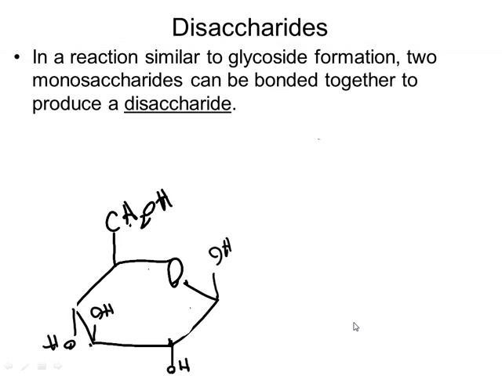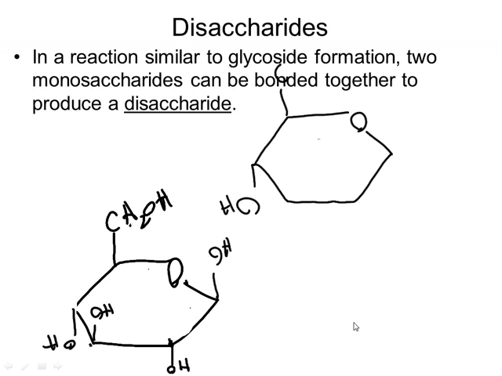Again, I'm just picking at random, so I just decided that this was alpha. So I'm going to have my R group here, like this. But imagine now that my R group is another monosaccharide. It can be whatever we want, right?